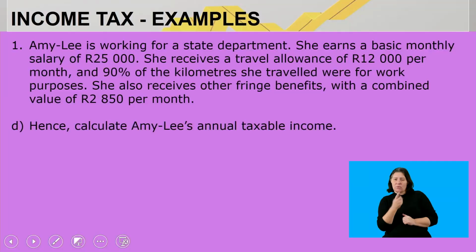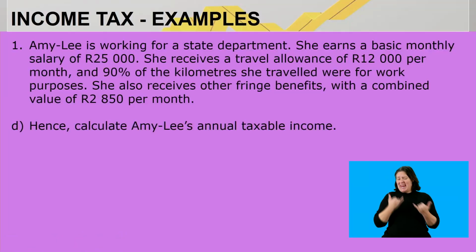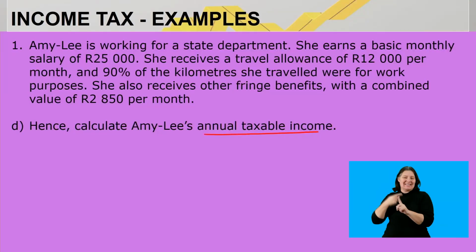Question D. It says, hence, meaning now, calculate Amy Lee's annual taxable income. And how do we calculate annual taxable income again? We take our gross annual income minus all our non-taxable deductions, right? So let's write that down.